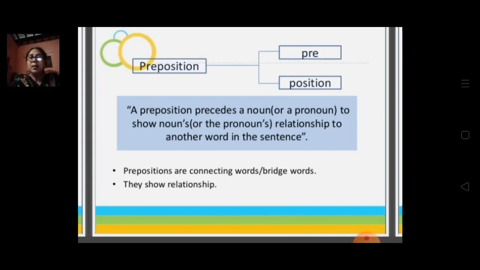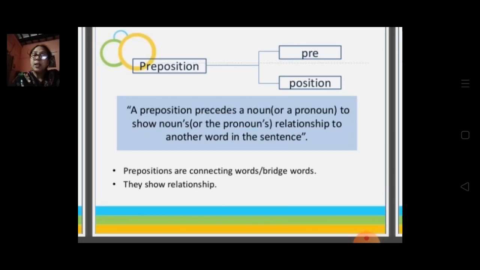Now we are going to discuss the third type of preposition, which is preposition of direction. Preposition of direction gives us information about the direction or movement of a person or thing. Some prepositions of direction are to, into, towards, along, onto, through, across, over, down, and up. For example, John jumped over the fence.